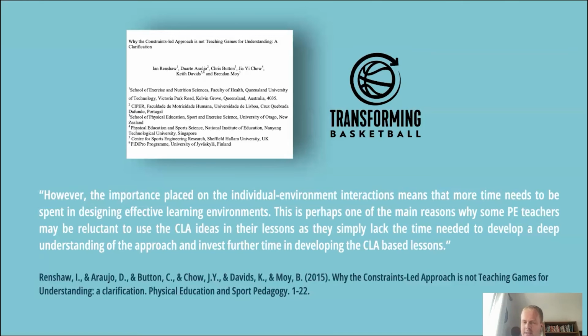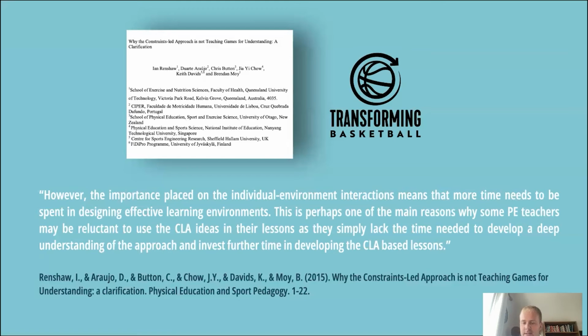And it requires a very deep knowledge of the game of basketball itself, because we have to consider: if this constraint is manipulated and we introduce this, what might happen? It's obviously going to be difficult to predict, but we have an intention behind why we might be using a constraint. It's what we want to encourage.